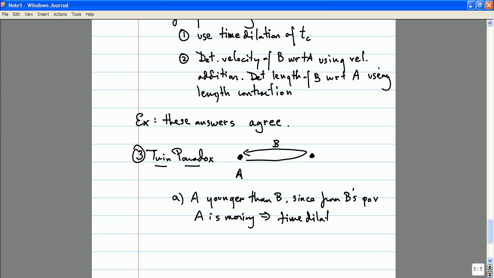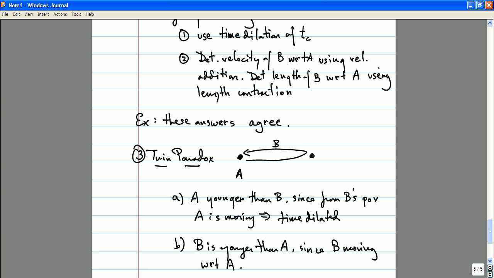Or you could say that B is younger than A, since for the same reasons, except with A replaced by B, since B is moving with respect to A. And the twin paradox is not the paradox that one twin is younger than the other. It's the paradox that apparently you can derive either result depending on which reference frame you choose to use to do the calculation.